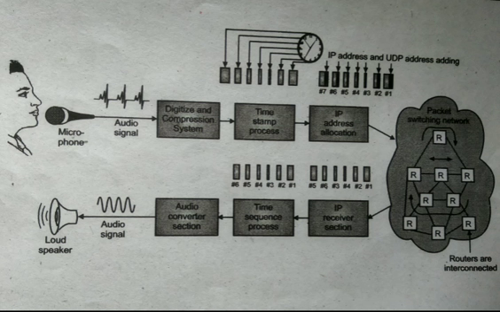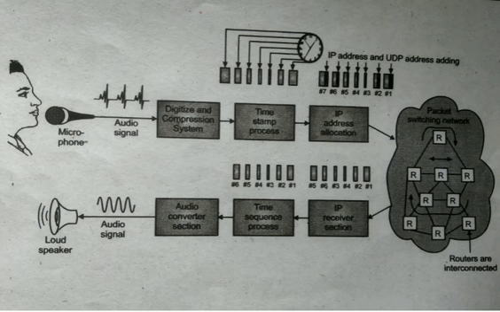Digital compounding is done, which is a part of quantization. Audio format conversion, that is transcoding, is also done here. After that, audio compression. We do all these processes in this block diagram for the purpose of IP audio, that is, converting the analog audio signal into IP packets.